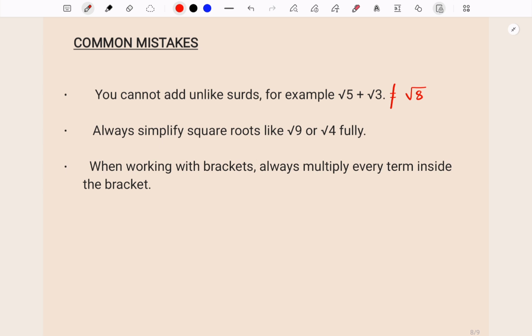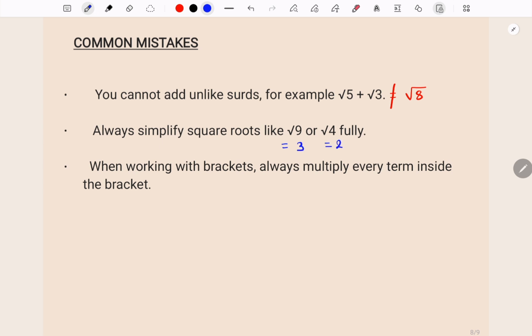The second one is always simplify square roots like root 9 and root 4 fully, because we know that 9 and 4 are perfect squares. So root 9 is just 3 and root 4 is just 2.